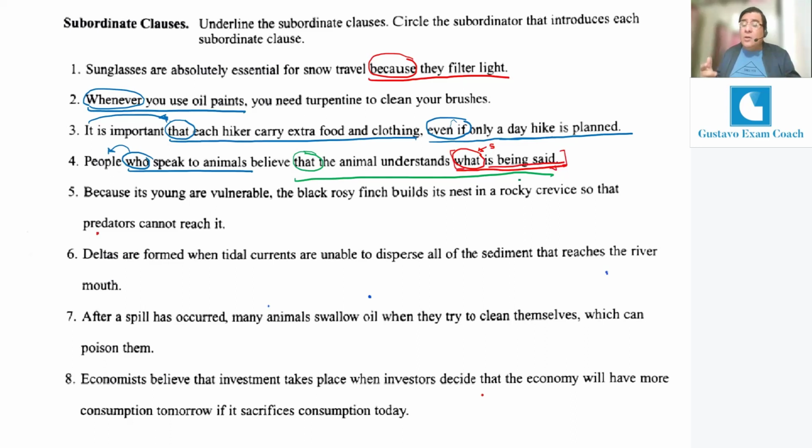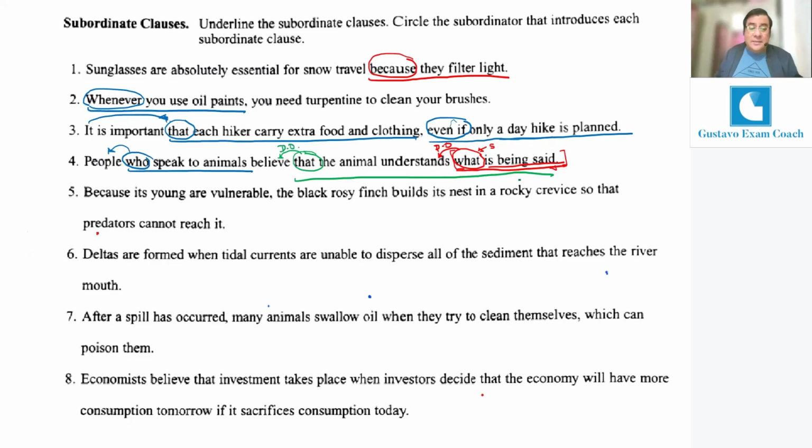So this clause, what is being said, is another subordinate clause embedded in the clause underlined in green and actually acting as another noun clause that is the direct object of the verb understand, in a similar fashion to what happens with the clause starting with that, which is the direct object for the verb believe.